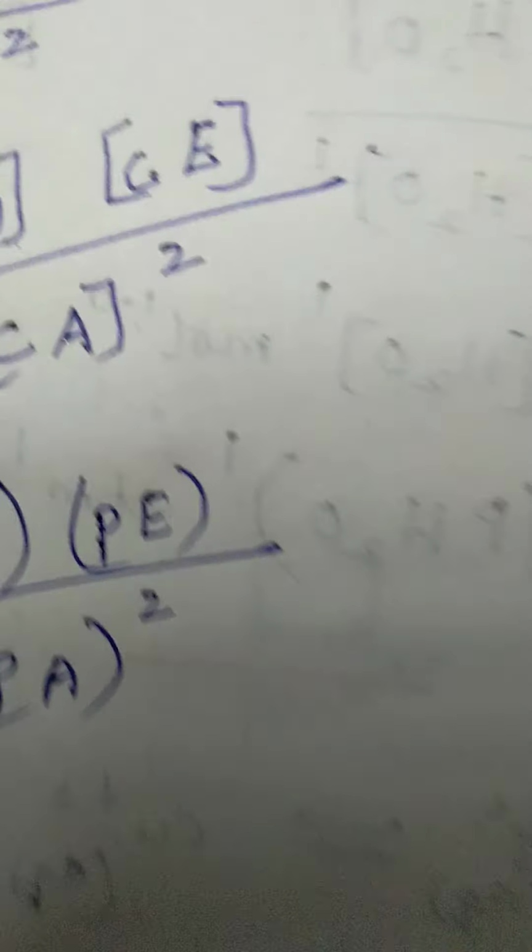What is the equation for an ideal gas? PV is equal to nRT. P is equal to n by V times RT. What is n by V? n by V is equal to C, the concentration, which is number of moles per volume.